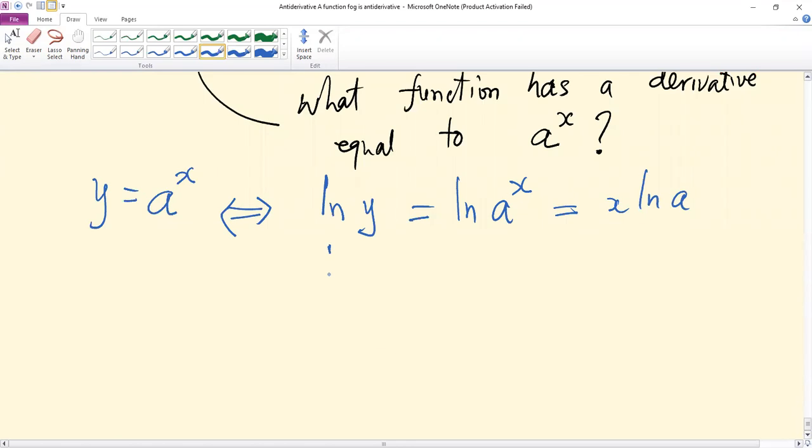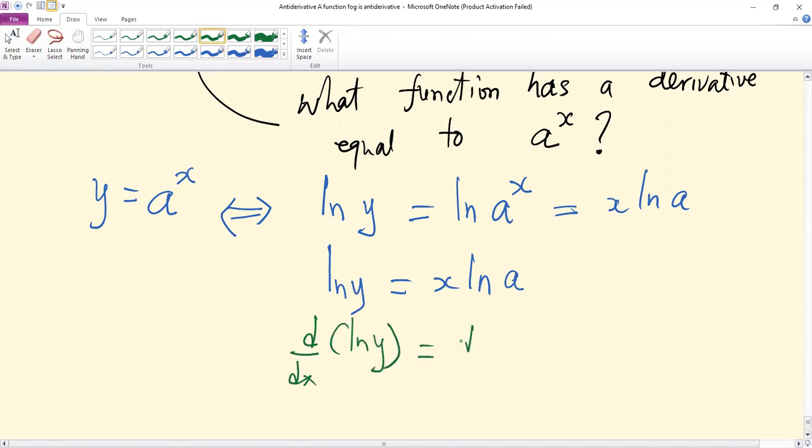So ln of y is the same as x ln of a. Now you differentiate both sides with respect to x. That's the process of implicit differentiation. So d dx of ln of y equals d dx of x ln of a.